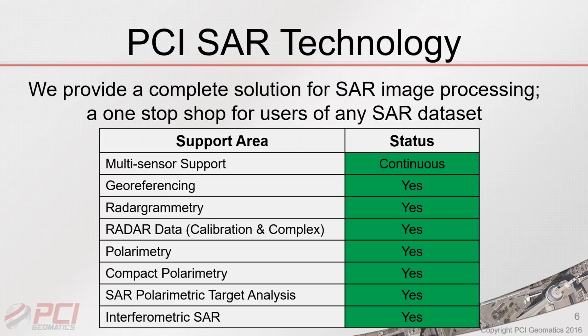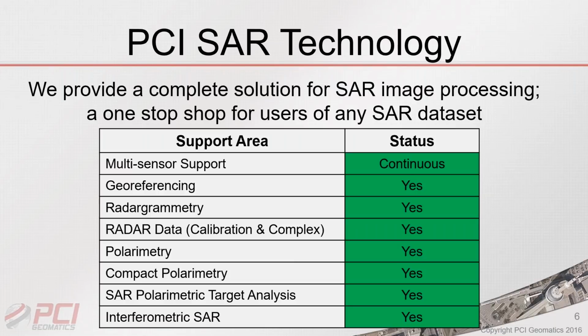Georeferencing is being able to position those images correctly on the ground, so that if you're performing any kind of analysis and comparing that with other data sets, the images are positioned correctly. Radargrammetry refers to the ability to generate elevation models from same-side stereo radar images that are collected with sufficient parallax.